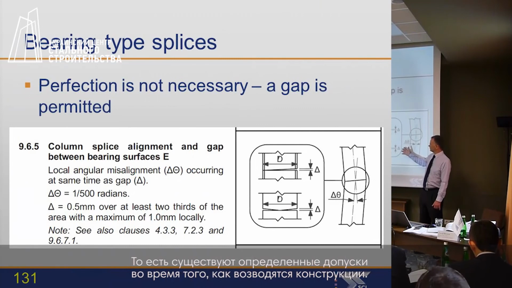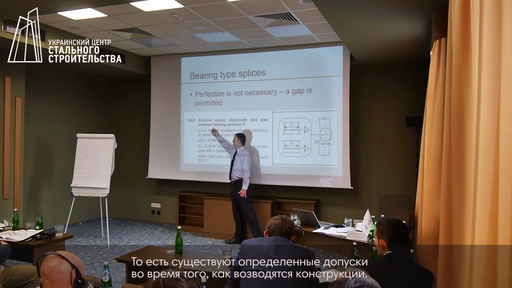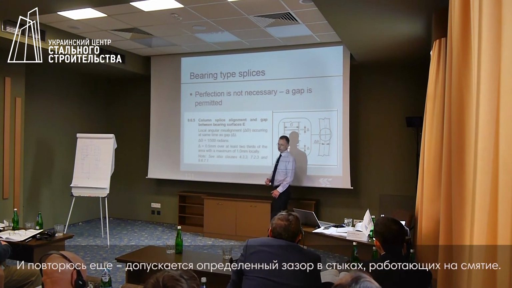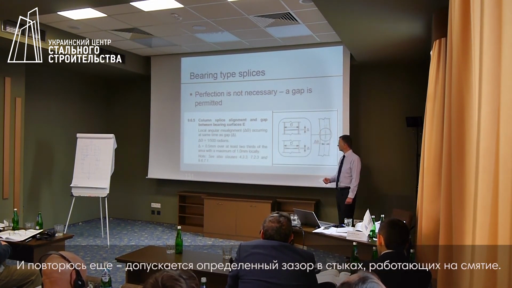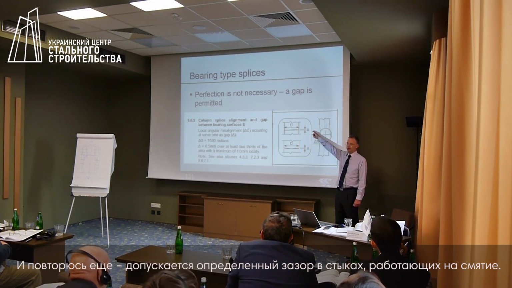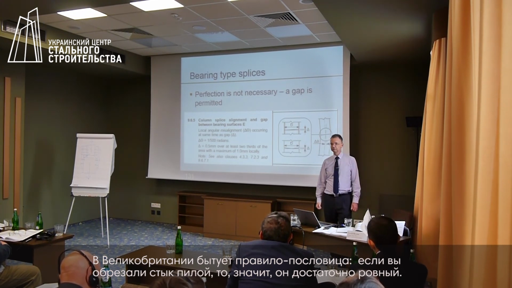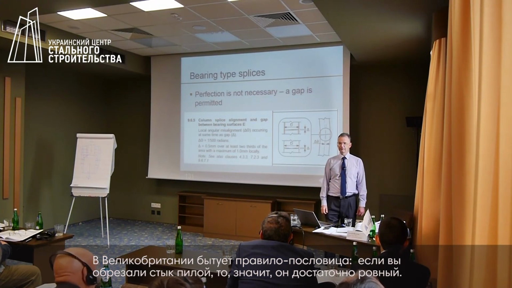Here is the tolerance during erection. So again, the English words are the gap between bearing surfaces. So we've designed it as a bearing connection, and yet we are allowed a gap. So the rule in the UK is if you have cut this with a saw, then it's good enough.